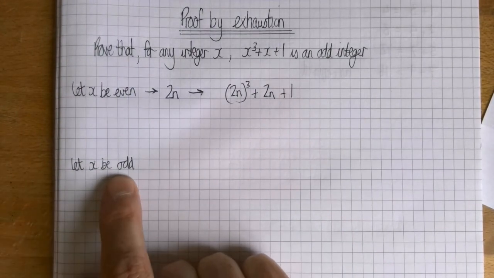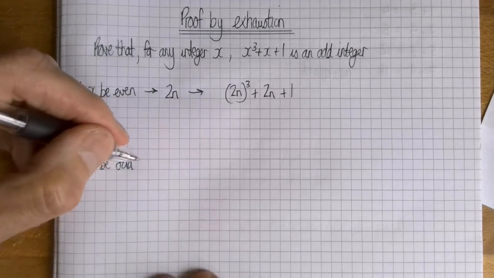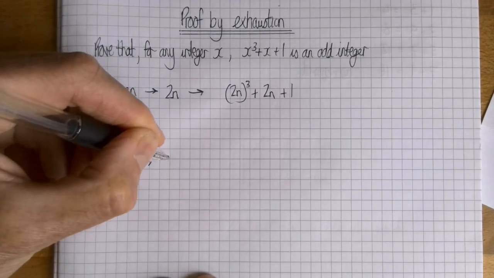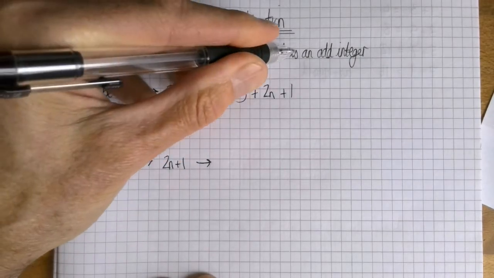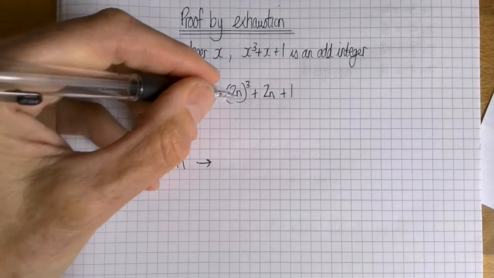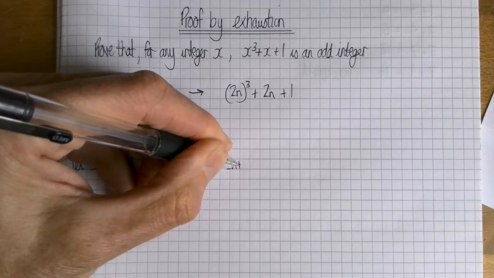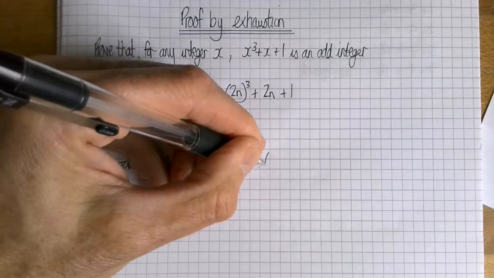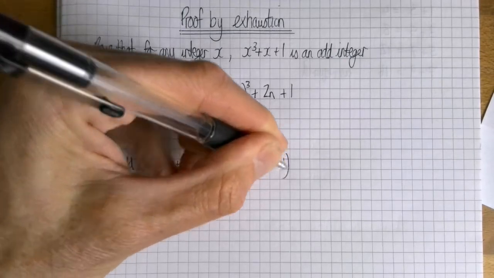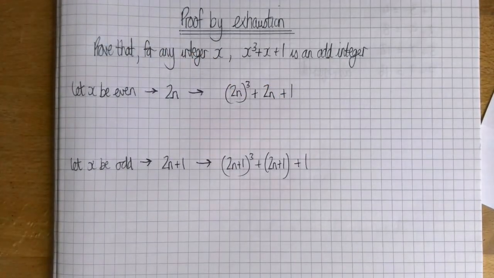If x is odd, remember how we write odd numbers? Either 2n plus 1 or 2n minus 1. So I'm going to substitute 2n plus 1 in there. So I get 2n plus 1 cubed plus 2n plus 1 plus 1.